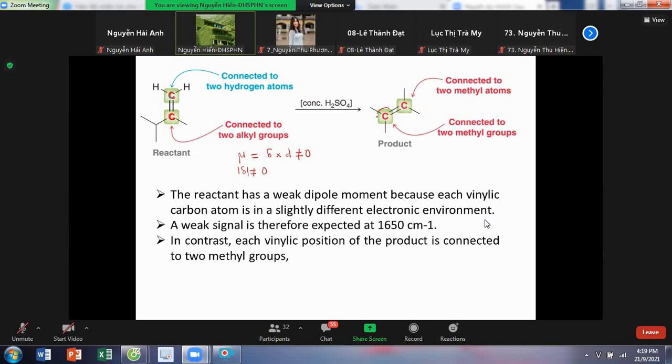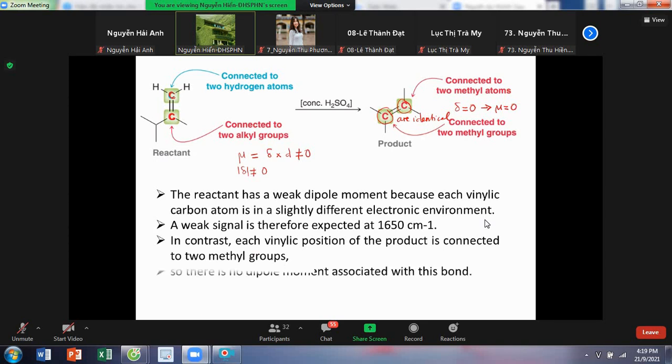So in this case, they do not have charge at all, so they do not have dipole moment.